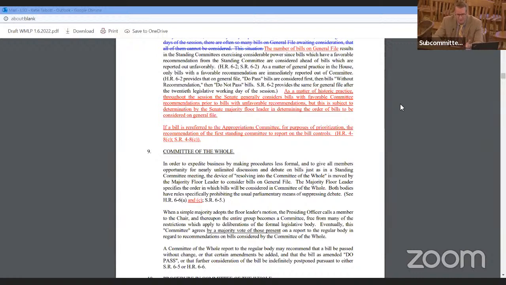So inadvertently sometimes those things slip. That's the reason for putting it all in one place in the manual. But you've got that concern that it then elevates it to essentially a quasi-rule of the bodies.